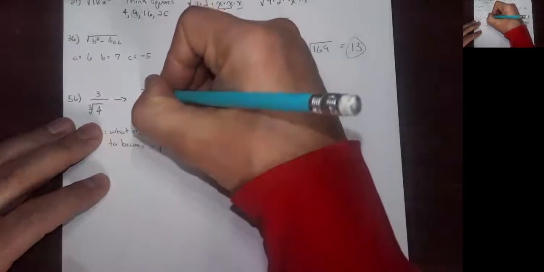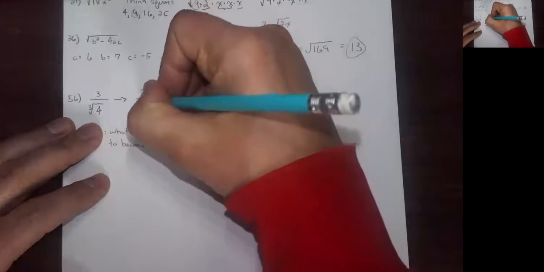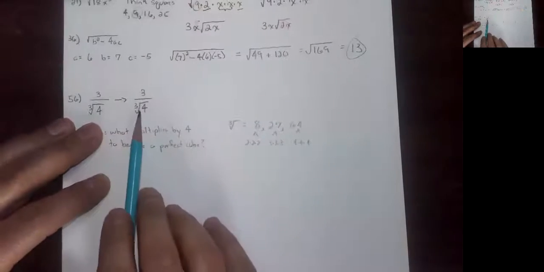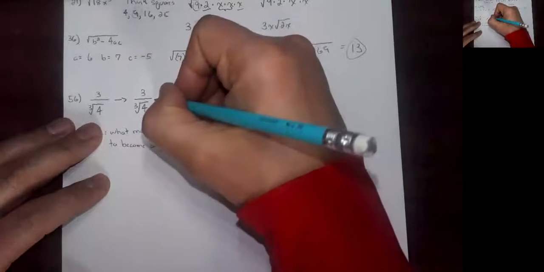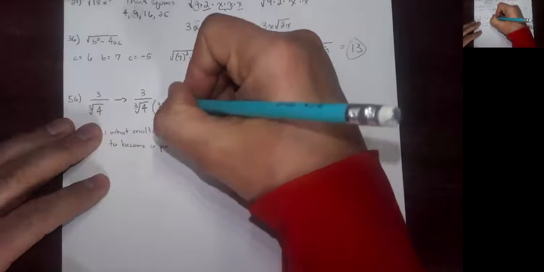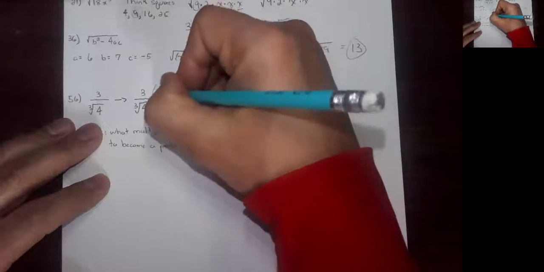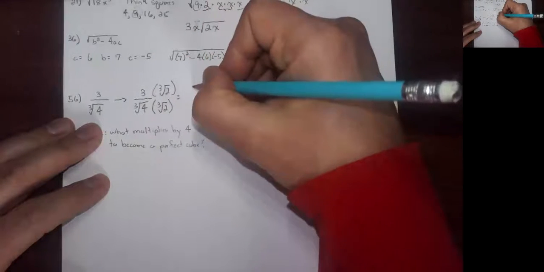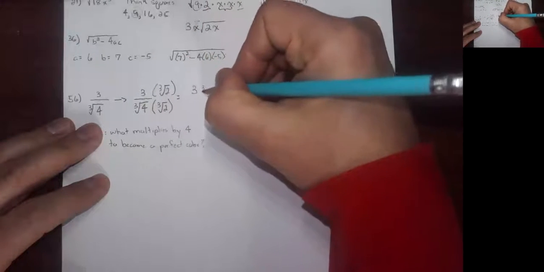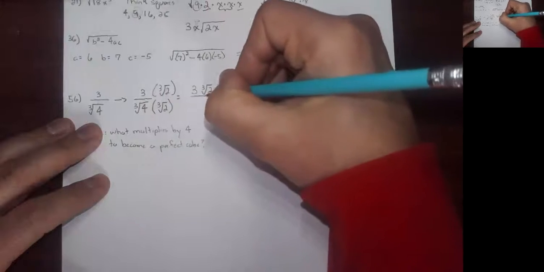So what I have to do is take my cube root of 4, and I have to multiply by a cube root of 2. When I do, my numerator doesn't do anything. It just sticks together. 3 times the cube root of 2.